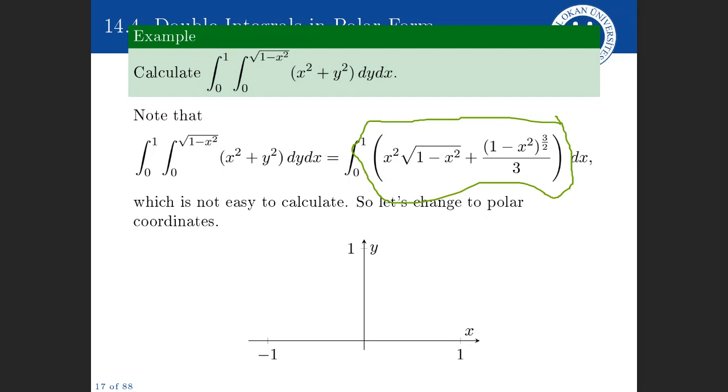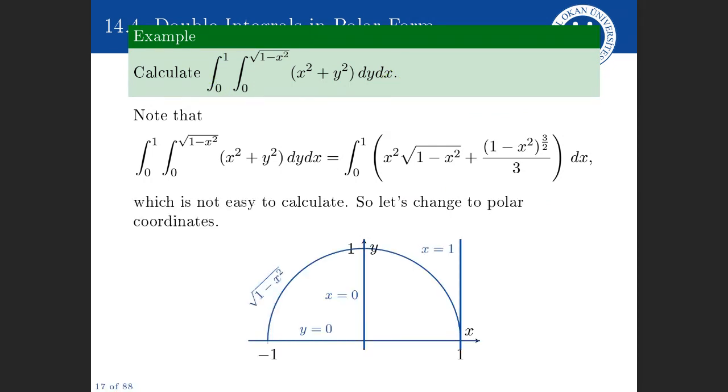So instead, let's change this into polar coordinates and calculate it as a polar integral. First, what is our region of integration? I have x is 0 and x is 1. I also have y is equal to 0 and y is equal to the square root of 1 minus x squared.